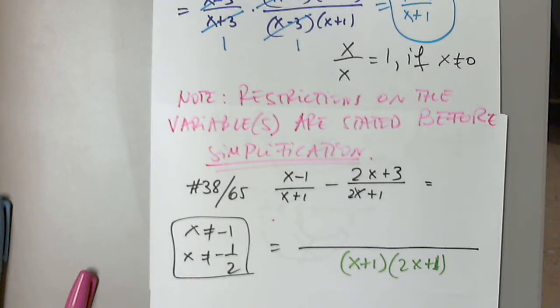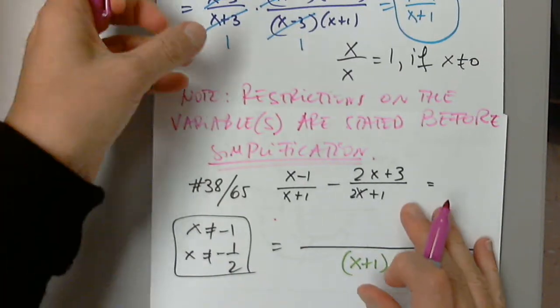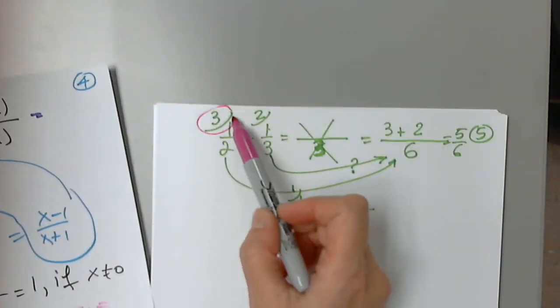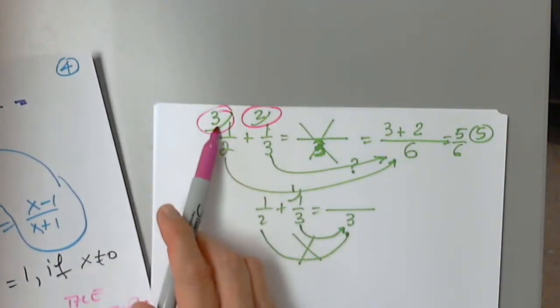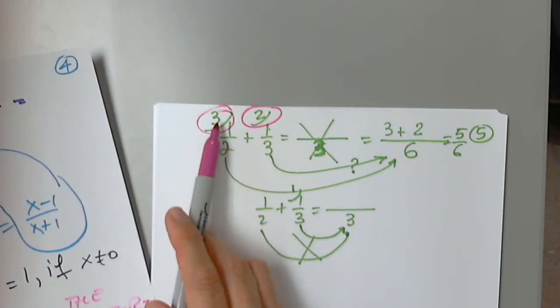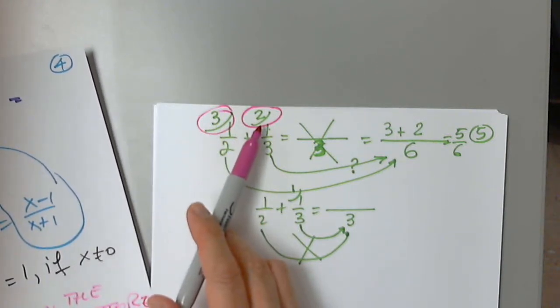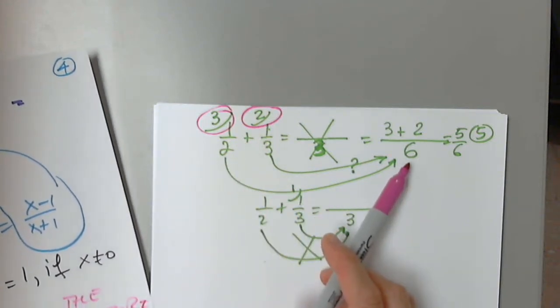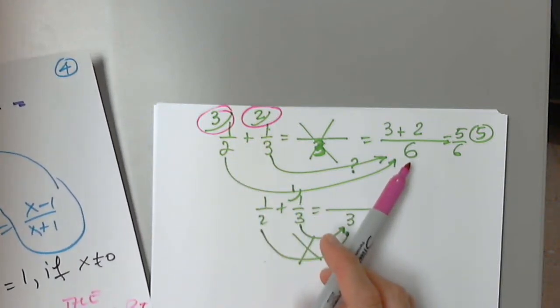If we have 10 fractions and they all have 10 different denominators, we have to have 10 factors in the denominator. Remember, we are looking for two answers here. If one of the answers doesn't exist, then I know I chose the incorrect least common denominator.